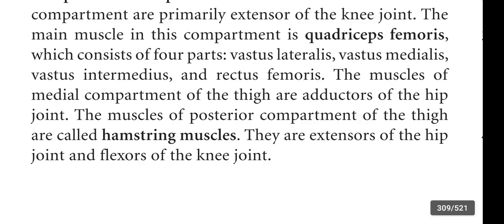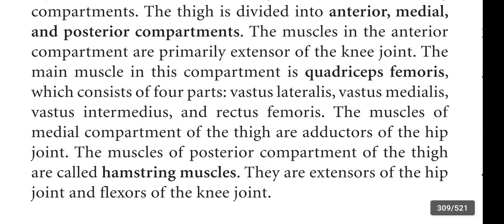In the anterior compartment, quadriceps femoris is present, which acts primarily as extensor of the knee joint. And what parts does it consist of? The quadriceps femoris consists of vastus lateralis, vastus medialis, vastus intermedius and rectus femoris.